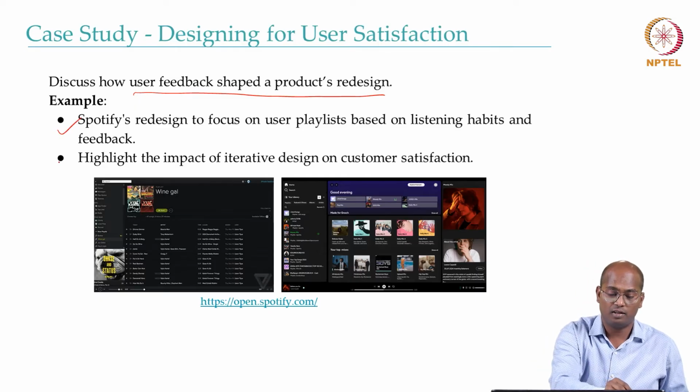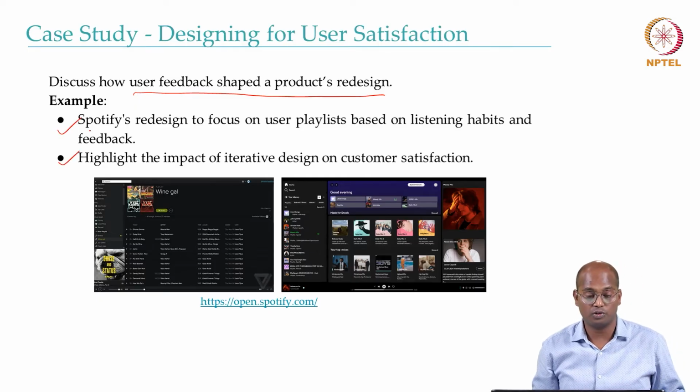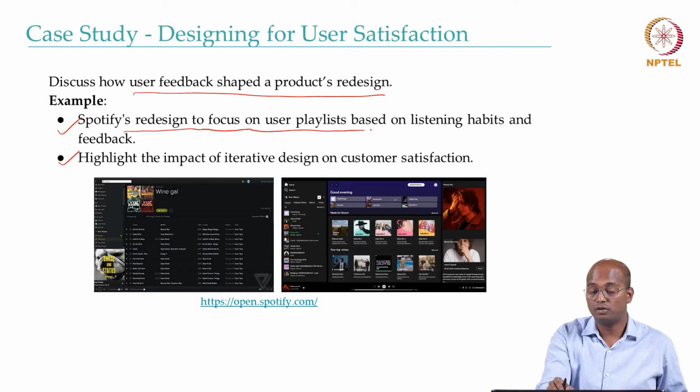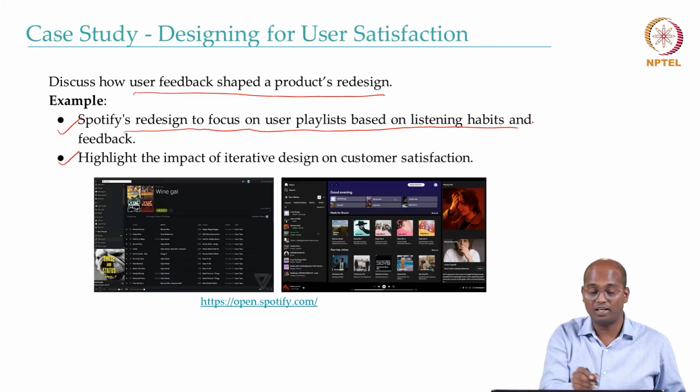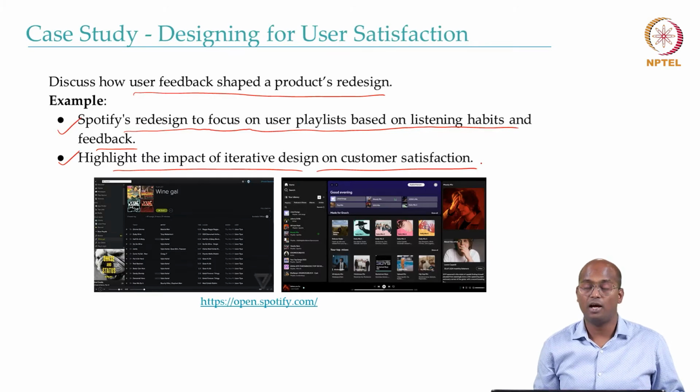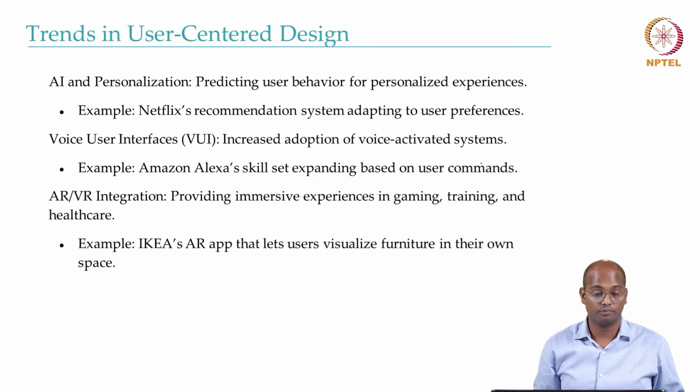Spotify is another popular use case, where Spotify designed to focus on user playlists based on the listening habits and the feedback, and it highlights the impact of iterative design on customer satisfaction. And the difference you can see here between the old UI as compared to the new one.